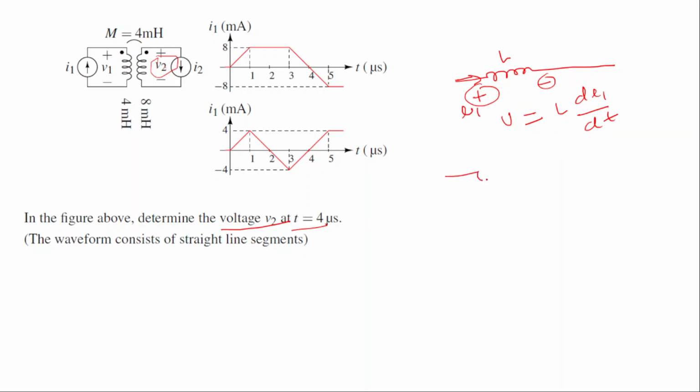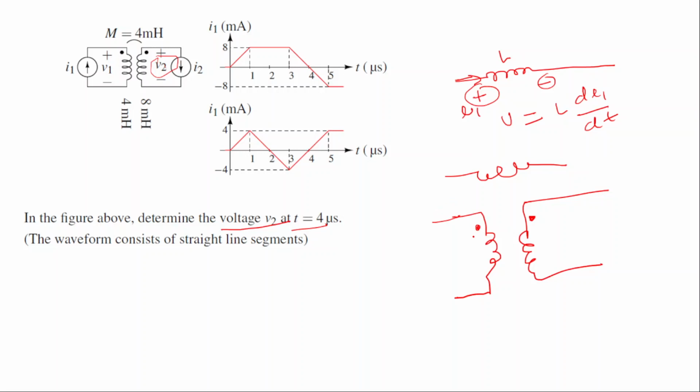But if we place two coils nearby, we don't know how the windings are, whether they are clockwise or anti-clockwise. For that we need the dot convention.